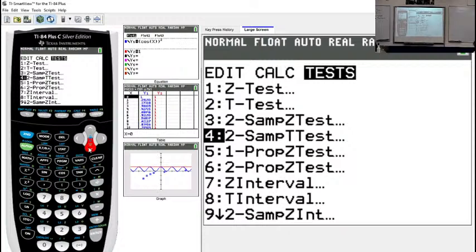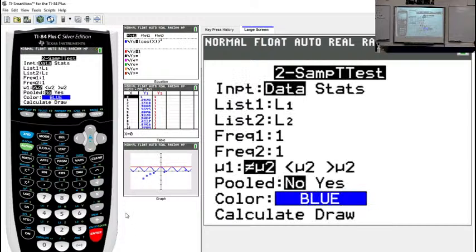It should match what you put in step 2. Do I have data in my list? Oh, yes, I do. So list 1 is list 1. List 2 is list 2. Frequencies we don't touch. The alternative is that mu1 was greater than mu2. Pooled? No.